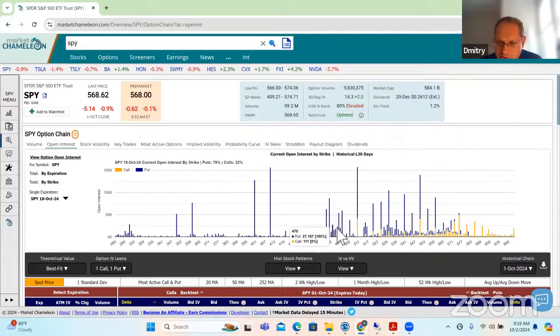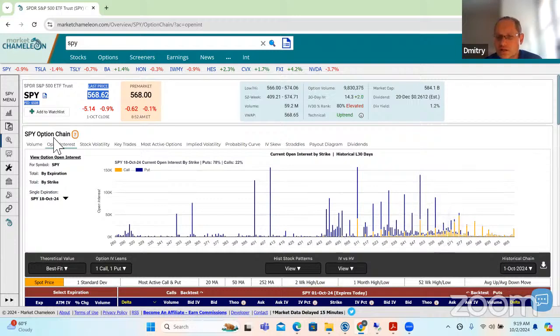There's a little bit of a clustering here between 500 and 450. And then we got this big one here on the 510 strike. If we get closer to where we are right now, 565, 568, around here the open interest doesn't seem as big, right?